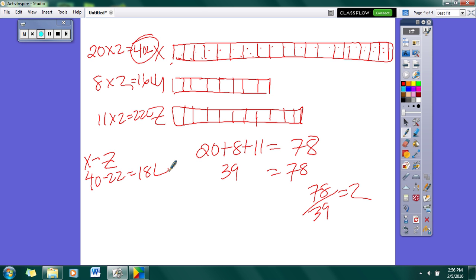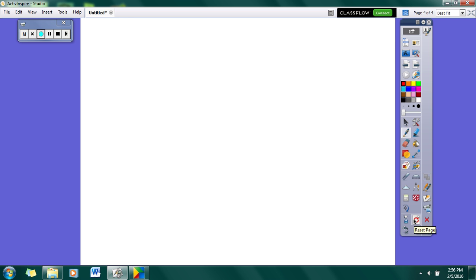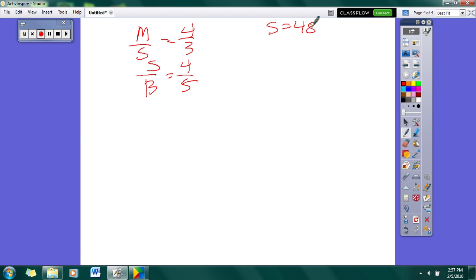The ratio of the number of mystery books to the number of science fiction books, mystery to science, is 4 to 3. And the ratio of science to biography is 4 to 5. If there are 48 science books, I want to know what's the total. So again, what do we have in common?